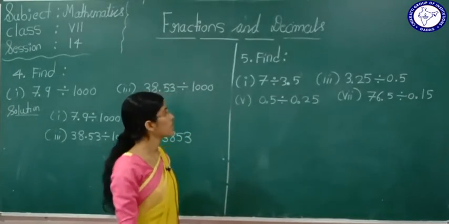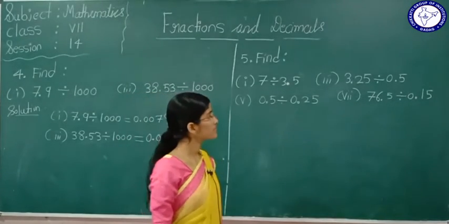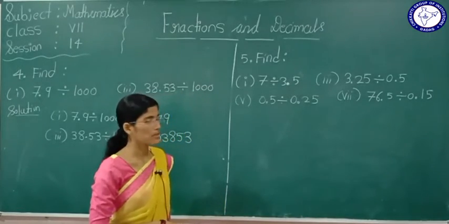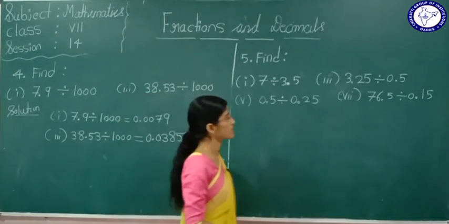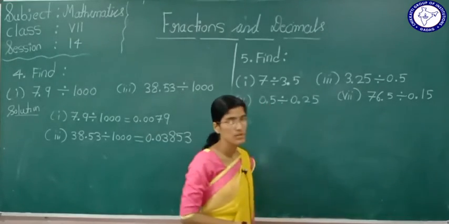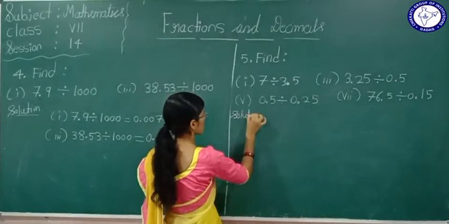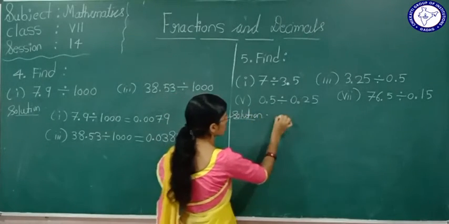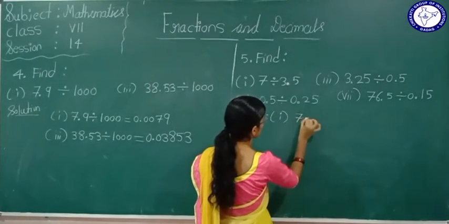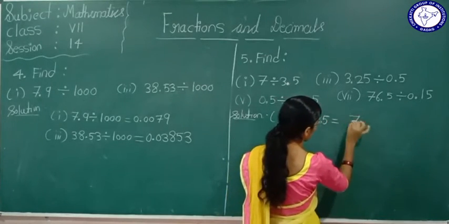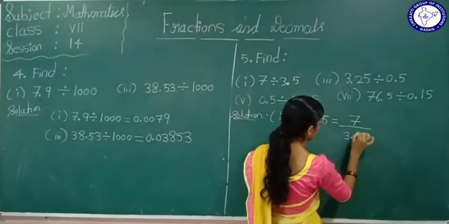Okay, now see how to divide a number by a decimal number, or how to divide a decimal number by a decimal number. Now see the solution. First one here, 7 divided by 3.5 is the same as 7 by 3.5.